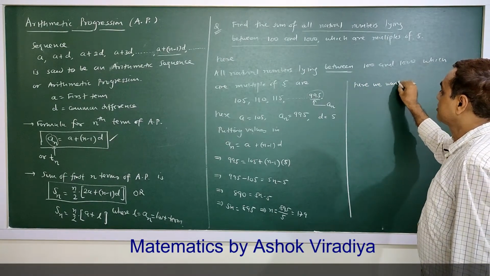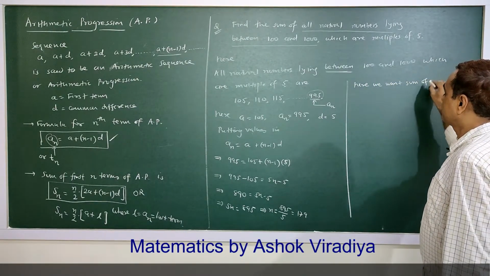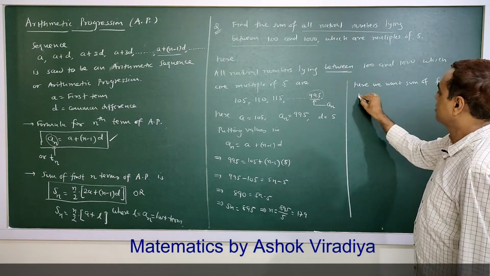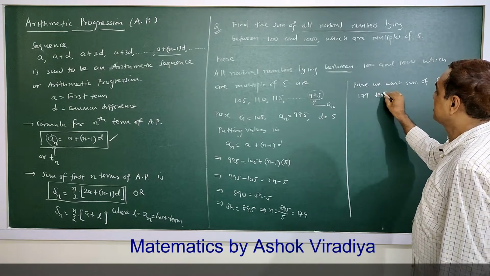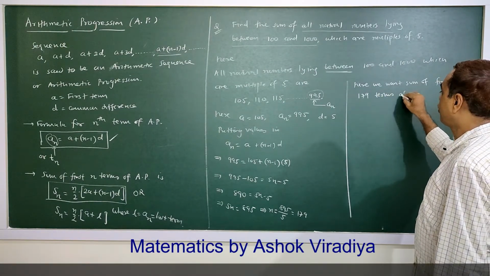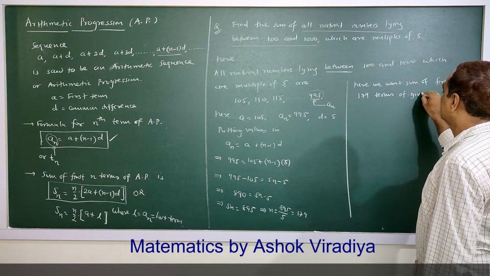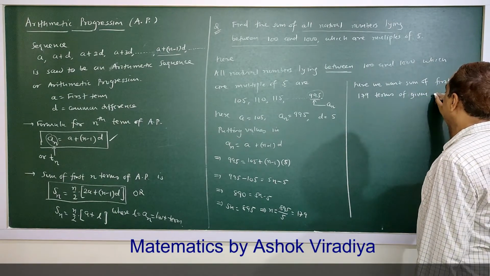So here we want the sum of the first 179 terms of the given sequence.